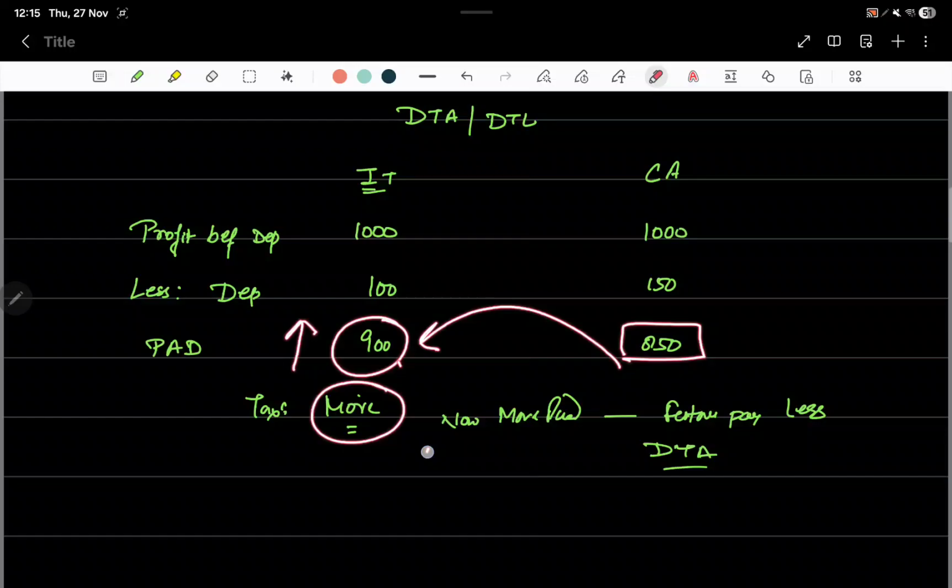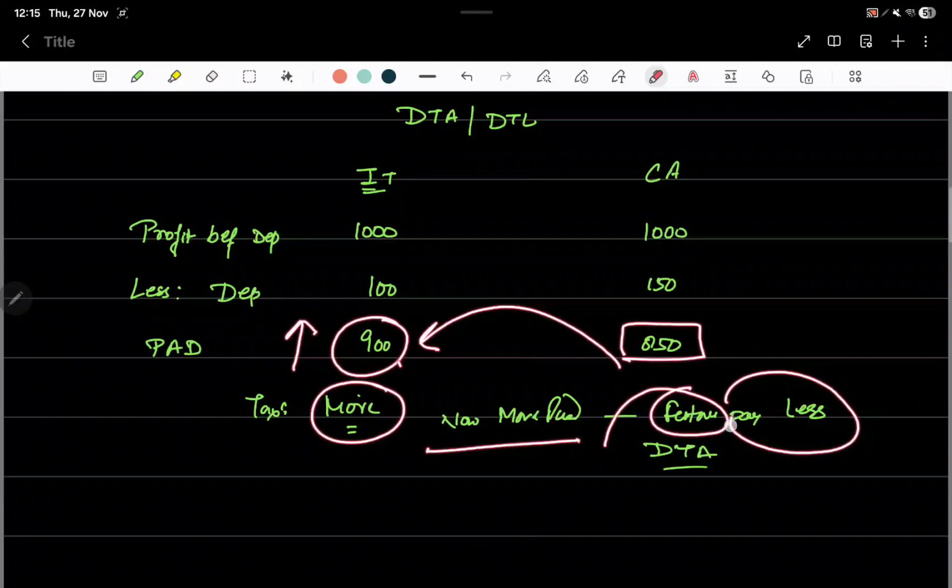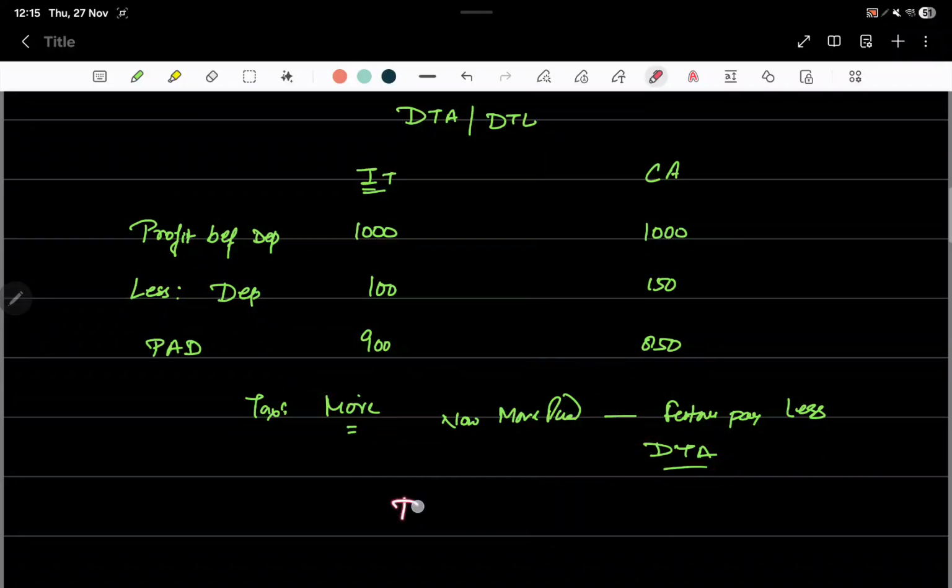Now if you are paying more taxes now, the benefit of the more taxes paid you will get in future, and that will create an asset for you. That is why we create a deferred tax asset in this case, and this will be shown on the asset side of the balance sheet because it is your asset, and the benefit of this you will get in future.